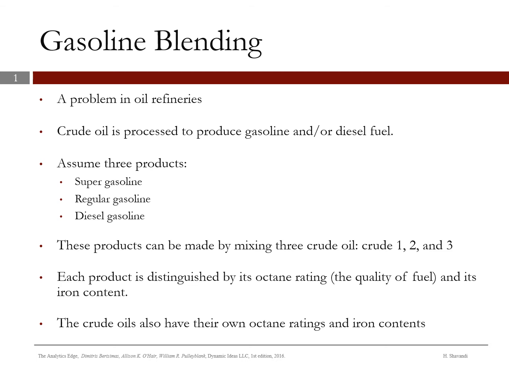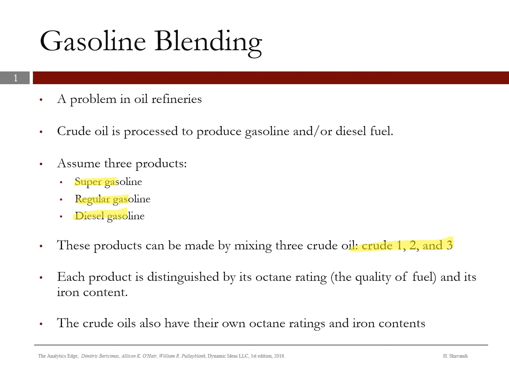diesel fuels. Here we assume that we are producing three products: super gasoline, regular, and diesel gasoline. Also we assume that we have three types of crude oils, and we call them 1, 2, and 3. So by mixing these three crude oils, we can produce the gasoline: super, regular, and diesel gasoline.